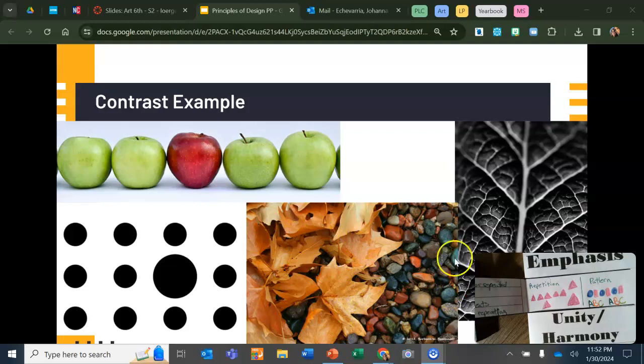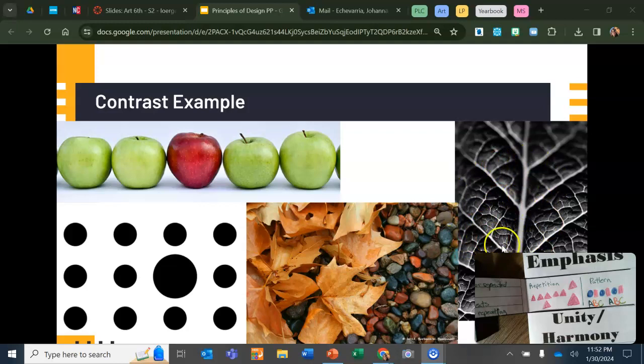You have the bright orange leaves, and while you still have reds in the pebbles, you have blues in there, so color is also a factor. But the roughness versus the dryness of the leaves to the rocks makes it stand out as well.